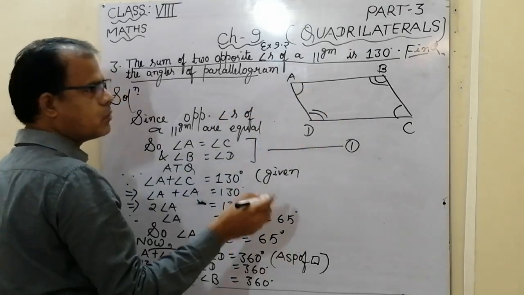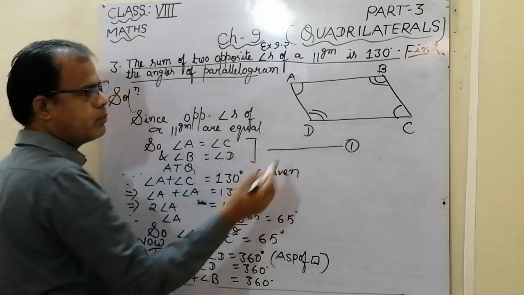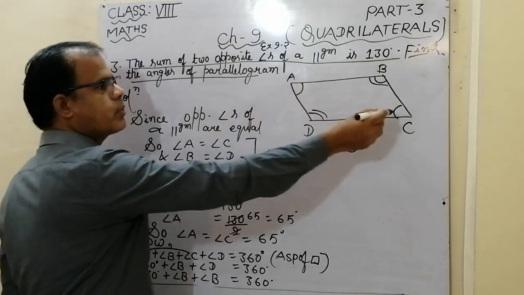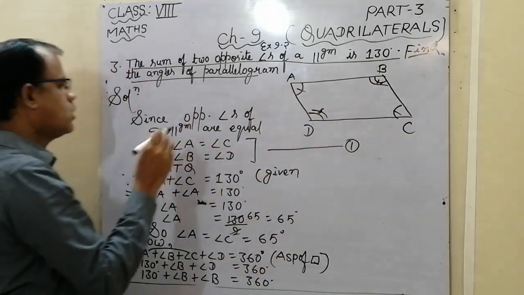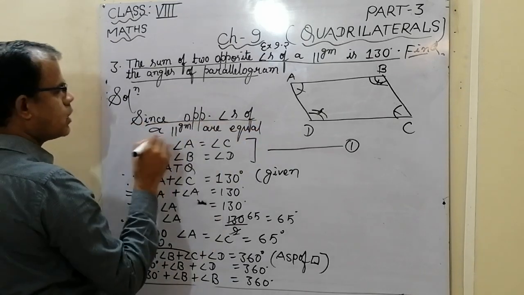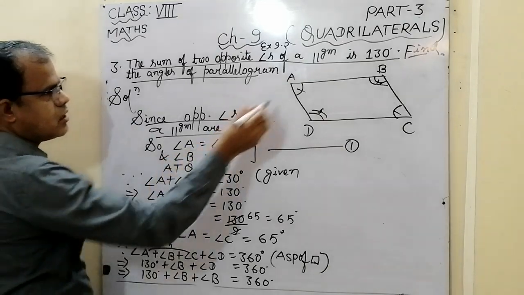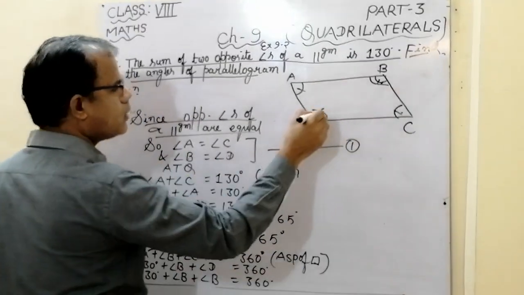ABCD is a parallelogram in which angle A equals angle C and angle B equals angle D. Why? Because opposite angles of a parallelogram are equal.